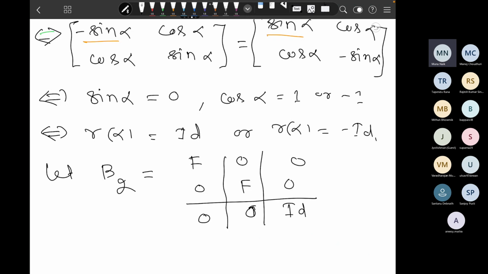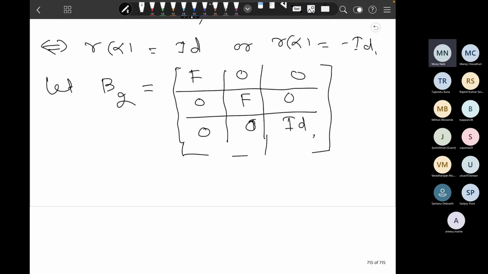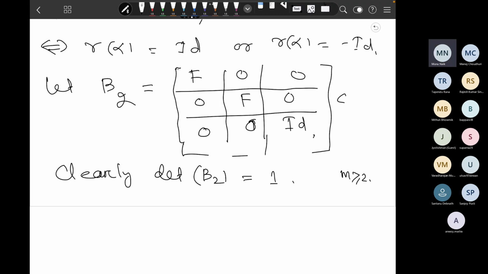Identity is 2m minus 4, and this is really 2m minus 4 by 2m minus 4. Now since I am taking two F's here, clearly determinant of B2 is equal to 1. And here I am also using the fact that m is greater than or equal to 2. This belongs to SO2m and the determinant of B2 is equal to 1.